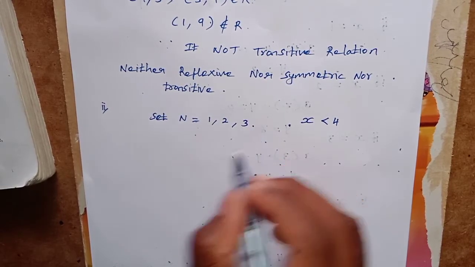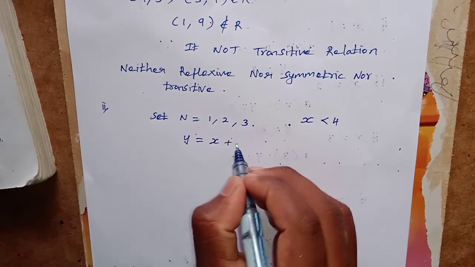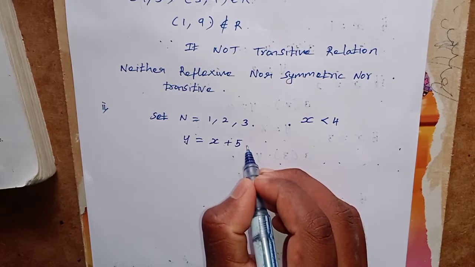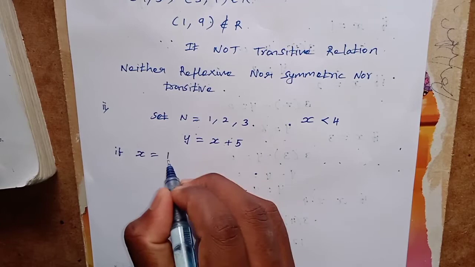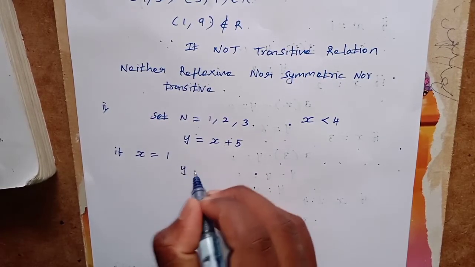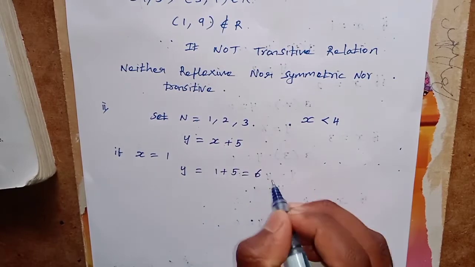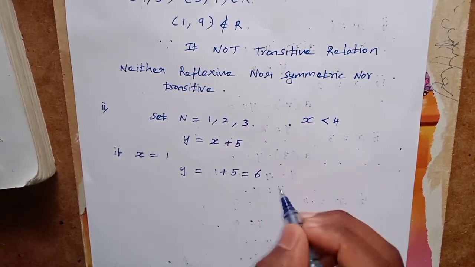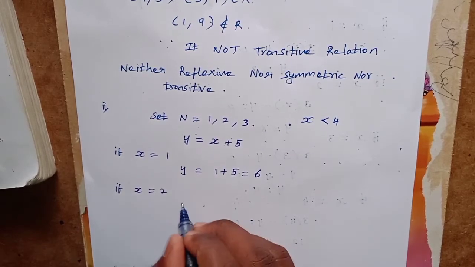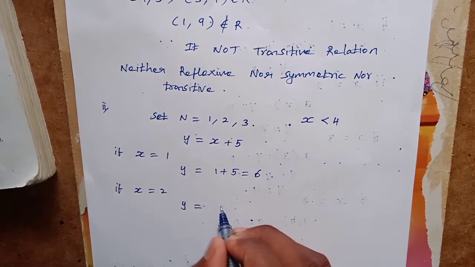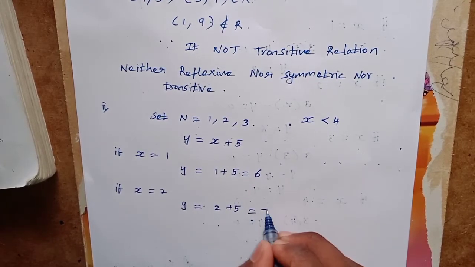Okay, next, y equal to x plus 5. If x equal to 1, therefore y equal to 1 plus 5 equal to 6. If x equal to 2, y equal to 2 plus 5 equal to 7.